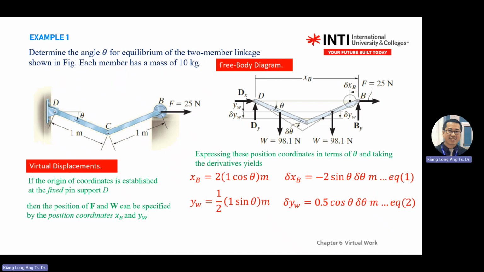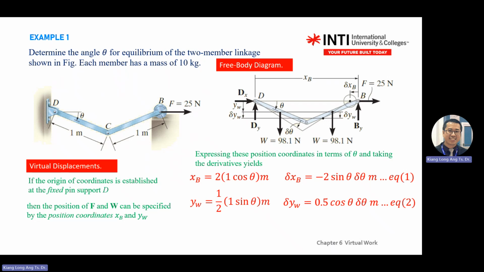So here you have x equal to something, you do del x divided by del theta. You differentiate cos, you get minus sine 2, and then you differentiate the theta. You get minus 2 sine theta. You move your delta theta to the right hand side, you get equation 1.